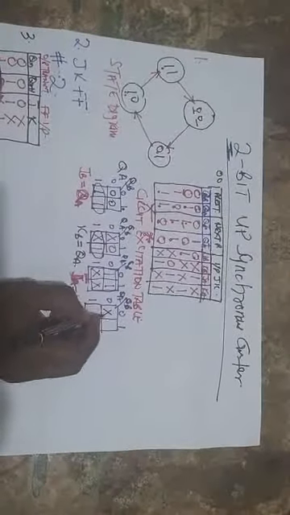So here we are doing for the K column. 0, 0 is don't care. 0, 1 is 1. 1, 0 is don't care, and finally 1, 1 is 1.